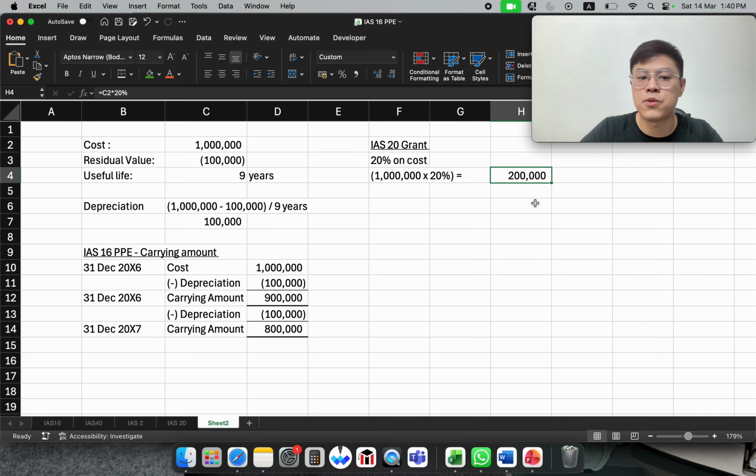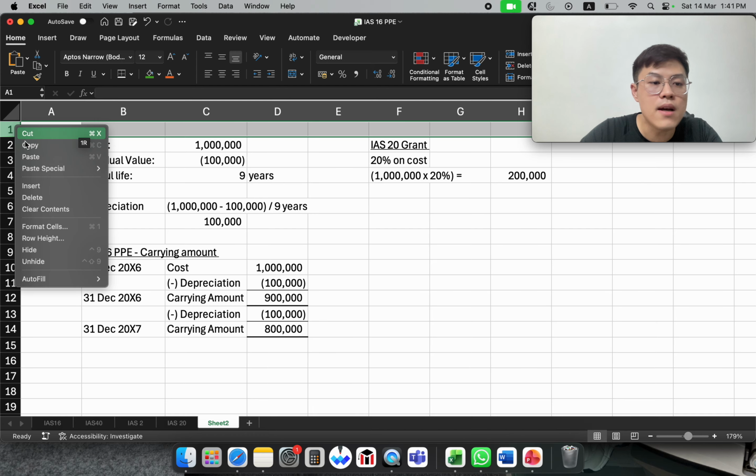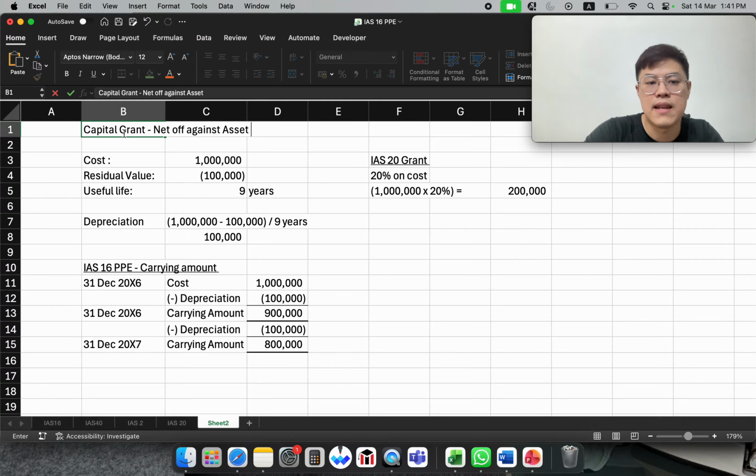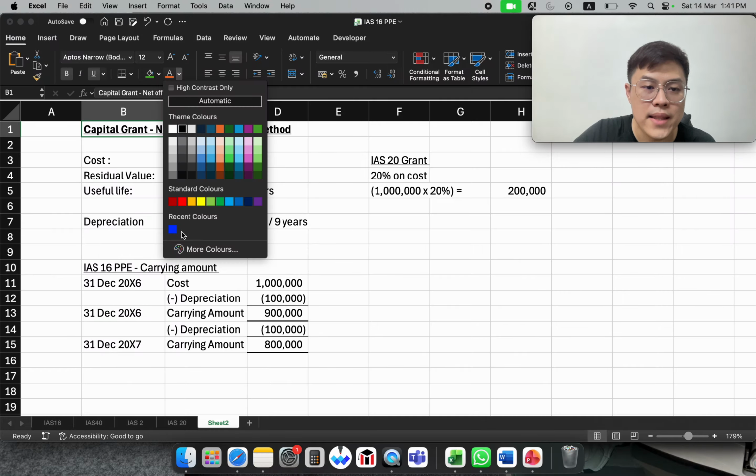How are we going to treat this grant in our financial statements? The first method I'm showing you is the capital grant based on the net off against asset method. Let's see how we do this method.